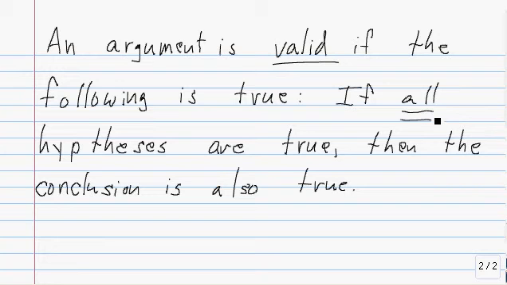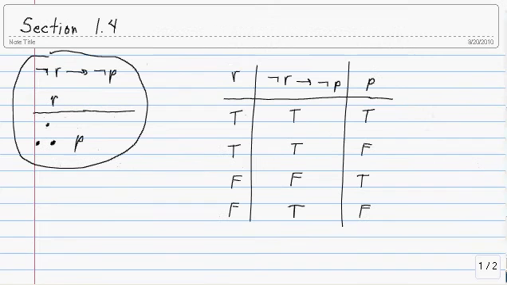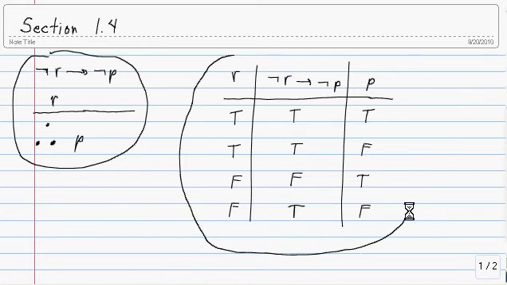Okay, so if I go back to the previous page in my notebook, I went ahead and made a truth table, and you can see the truth table right here. And so what that definition said is we need to look at cases where both hypotheses are true.